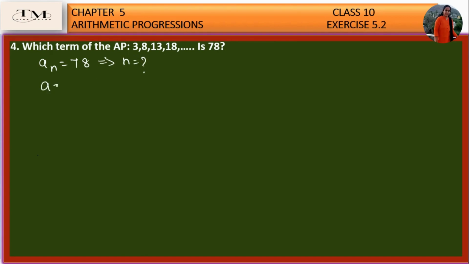Here a is given, which is the first term, 3. It is an AP, so the common difference will be the same. So 8 minus 3, which is 5. You can take any numbers, 13 minus 8 or 18 minus 3, everything will be 5 because they gave it is an AP. So we got A and D. So what is the formula?